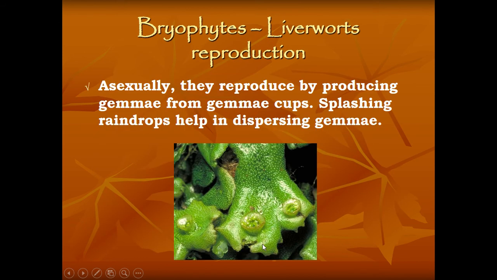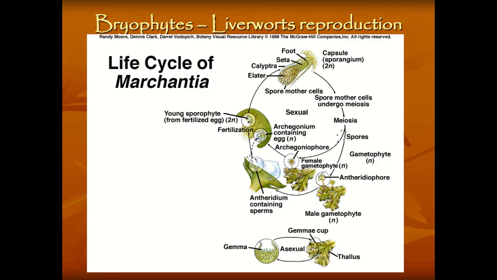Okay. Asexually, they reproduce by producing gemmae from the gemma cups, and again, splashes of raindrops will help to disperse the gemmae.